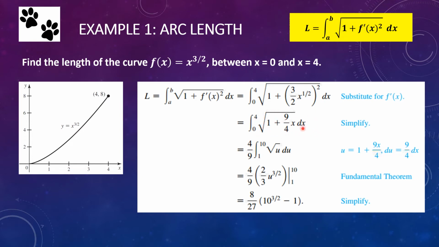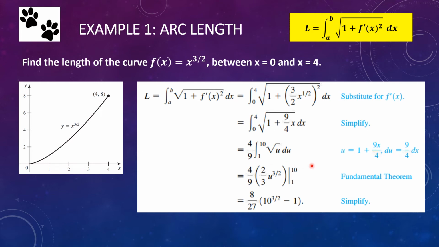Substituting u equals the radicand, what's inside the radical here, and then making sure that we offset with the reciprocal of this multiplier for the derivative. Since we don't have 9/4 inside, we offset it by multiplying the entire integral by its reciprocal.